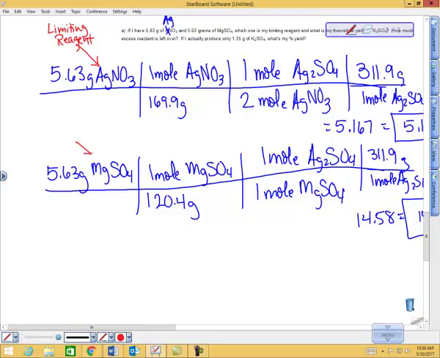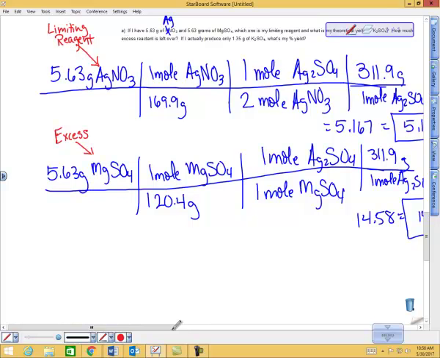So guys, this magnesium sulfate, we used some of it, but we did not use all of it. Therefore, this guy is in excess. And you guys have a job to do. You have to figure out how much you used so that you can figure out how much is left.